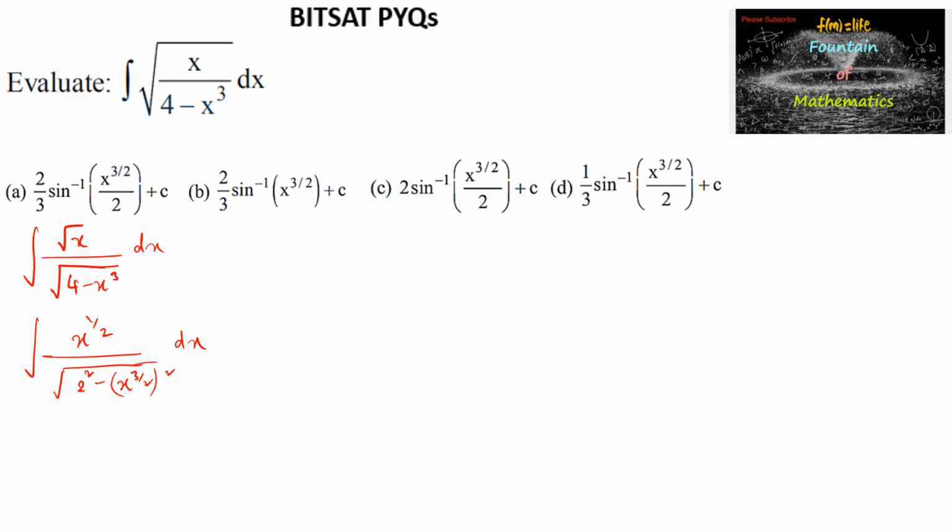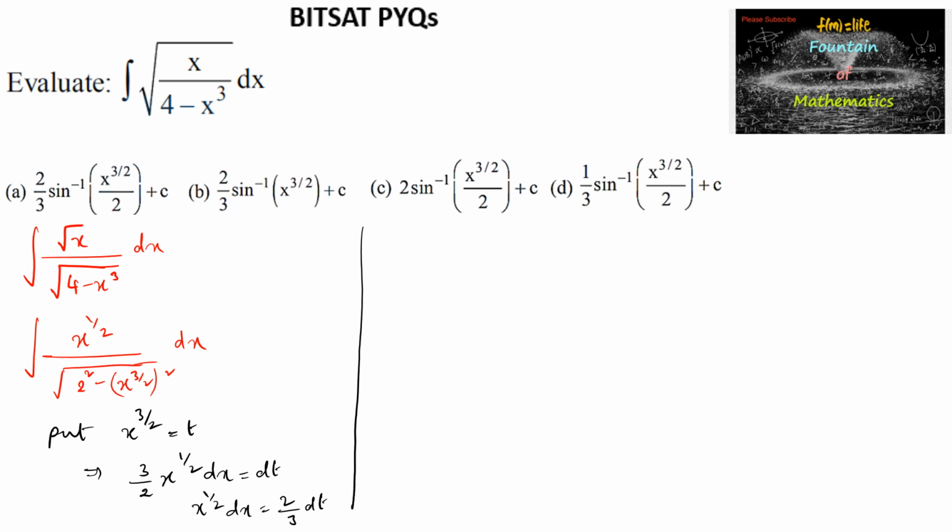And let us put x to the power of 3 by 2 is equal to t. Differentiating, we'll get 3 by 2 into x to the power of 1 by 2 dx is equal to dt. That is x to the power of 1 by 2 dx is equal to 2 upon 3 dt.